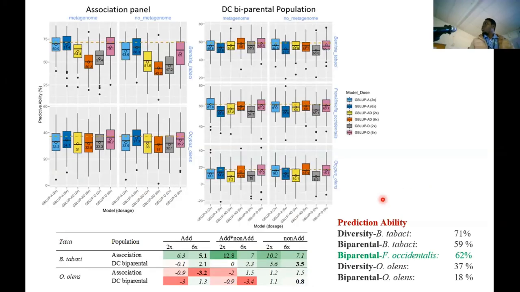But for Oxyopes, which is a non-sweet potato pest and a predator that interacts with insects within this environment, the predictions were not great. When we use model dosage, we could see that model dosage also has an effect on prediction abilities.